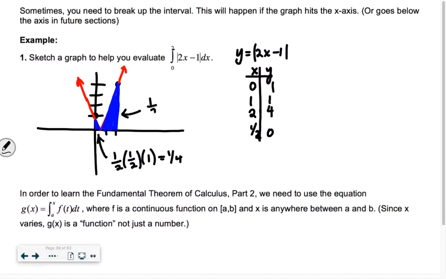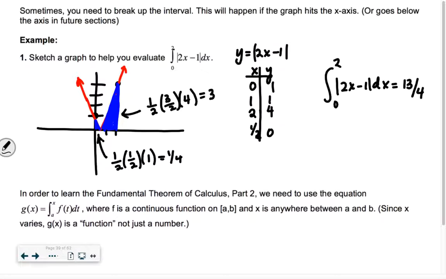And the second area is 1/2, its base is 1.5, so I'm going to write it as 3 over 2, and its height is 3. So it's going to be 9/4. So our total integral is 10/4. Make sense?